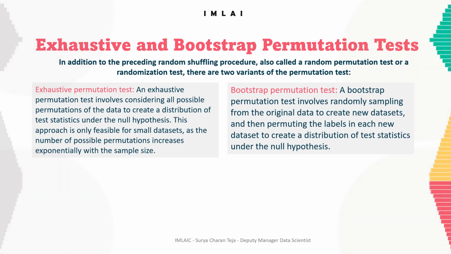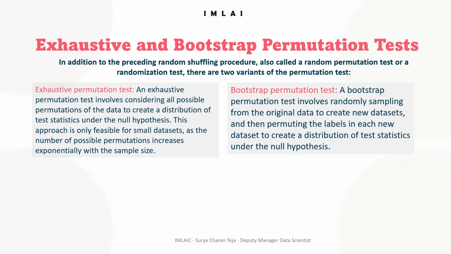This is practical only for relatively small sample sizes. With a large number of repeated shufflings, the random permutation test results approximate those of the exhaustive permutation test, and approach them in the limit.